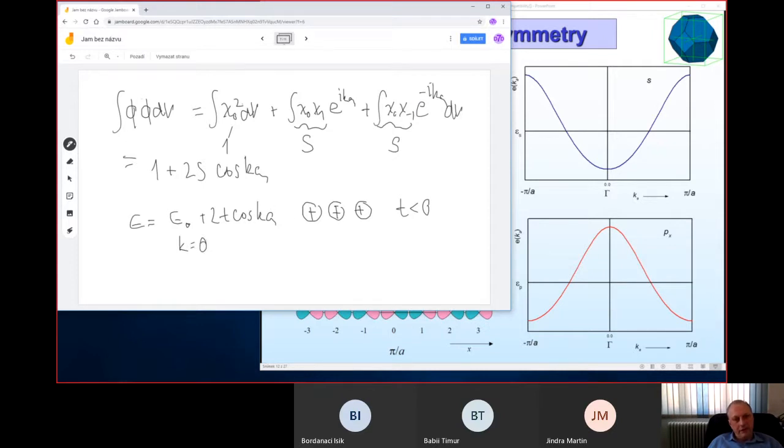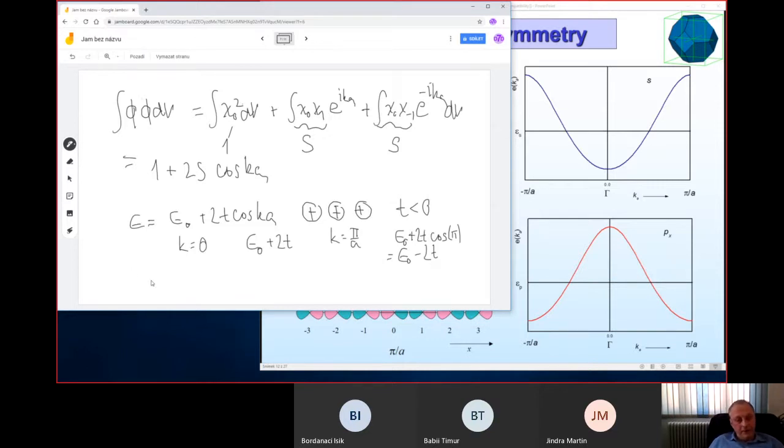So we have E0 plus 2t, but if t is negative, we have the lower value. And for k equal pi over a, we have E0 plus 2t cosine of pi, which is minus 1, so it is E0 minus 2t. And again, t is negative, so we have a higher value.